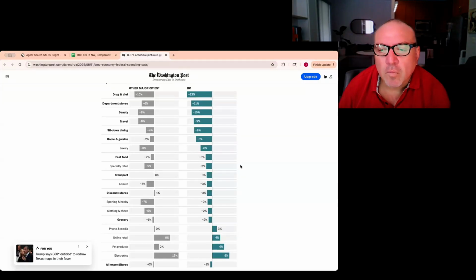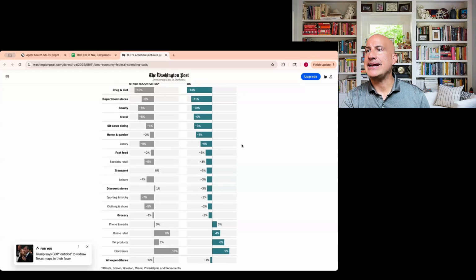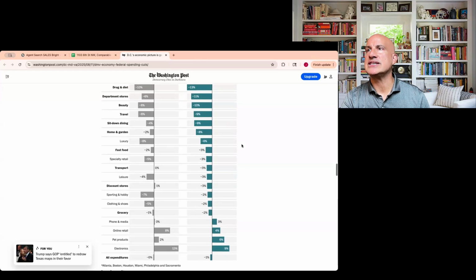Right. So this is really interesting data here, because it says where demand is dropping. I didn't see anything specifically in this list that spoke to real estate, with the possible exception of home and garden. I think this was interesting, because home and garden spending is downline from what we do.